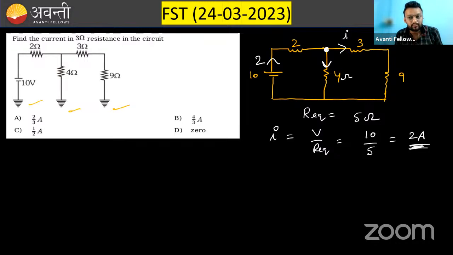This is 4 ohm. This is 3 ohm, 9 ohm, 2 ohm. This is the current 2 ampere. So 2 ampere is coming from here. I is gone in the 3 ohm. So it will be 2 minus I. Clear?